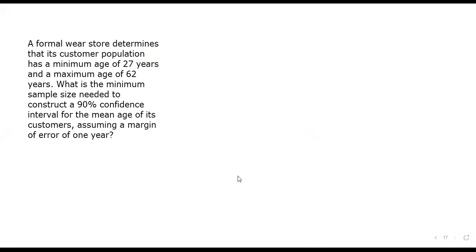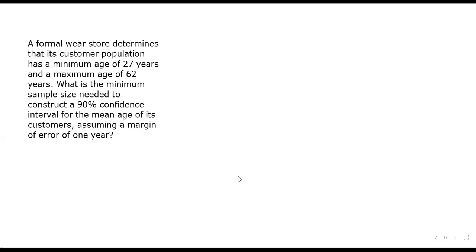A formal wear store determines that its customer population has a minimum age of 27 years and a maximum age of 62 years. What is the minimum sample size needed to calculate a 90% confidence interval for the mean age of its customers, assuming a margin of error of 1 year?